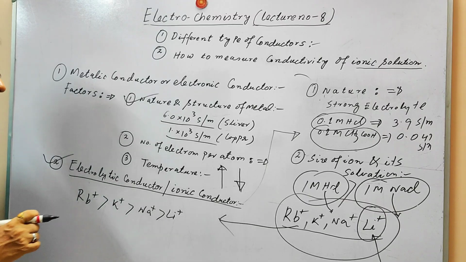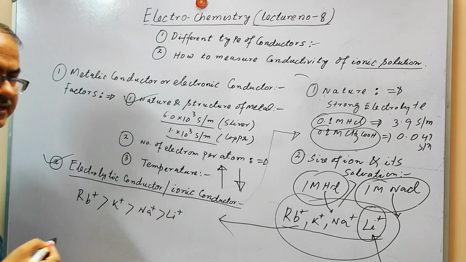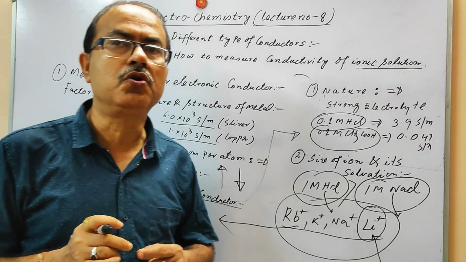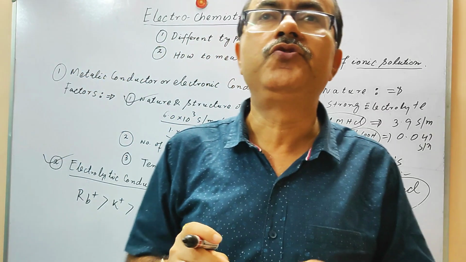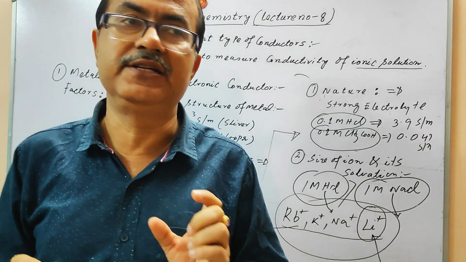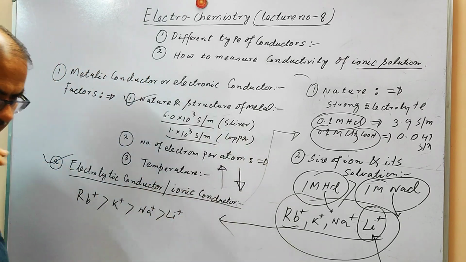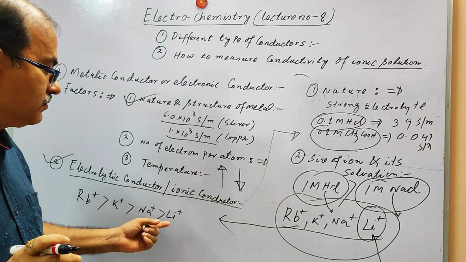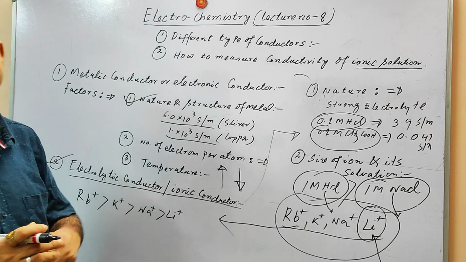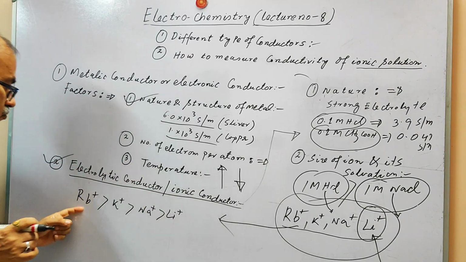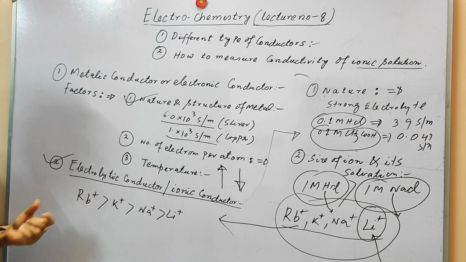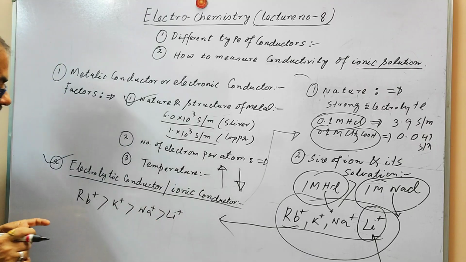Why is it so? Because it is highly hydrated. The number of molecules surrounding the lithium ion will be more than for the rubidium ion because of its size. So its conductivity will be like this.